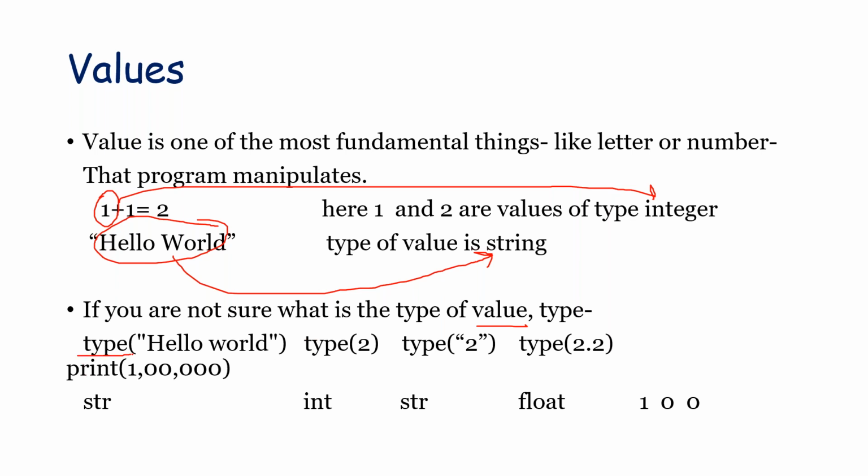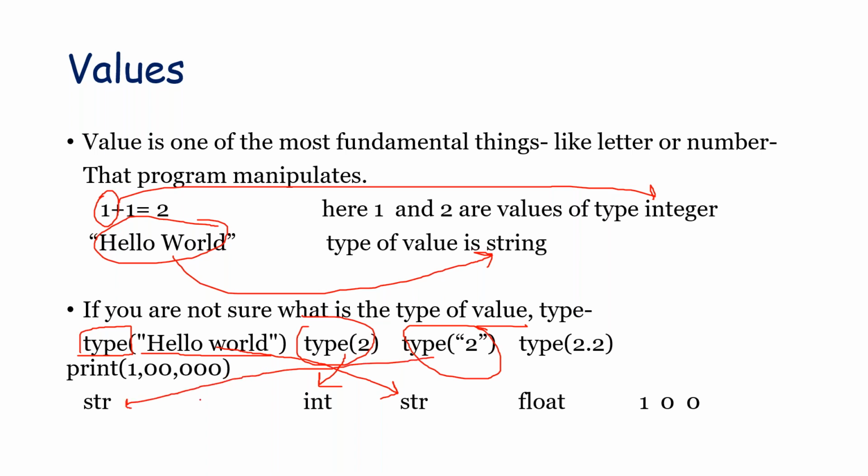You write type, and then type your value as it is, and it will give you a result. So it is very clear that hello world is string, right? If you type 2, it will give you integer. So I understand that 2 is an integer. If I type 2 in quotes, then it will be a string.